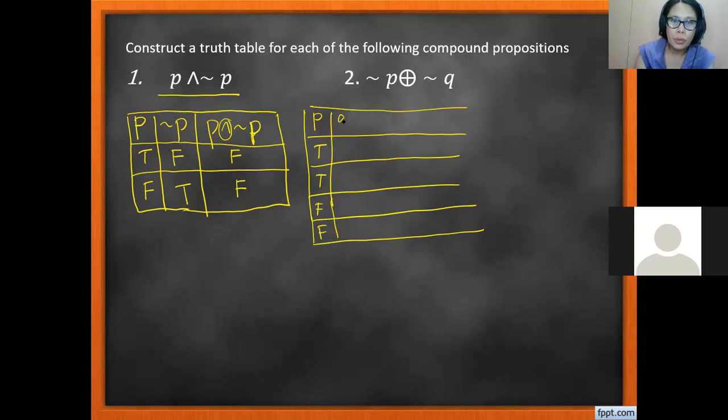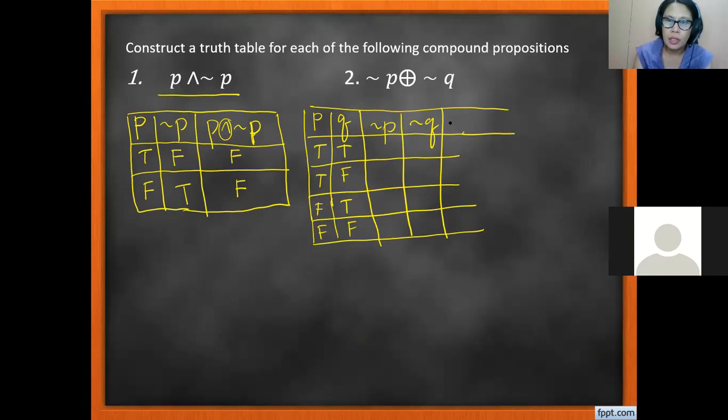And for Q, we have true, false, true, false. So we need the negation of P as well as the negation of Q. And then the last is the negation of either negation of P or negation of Q.